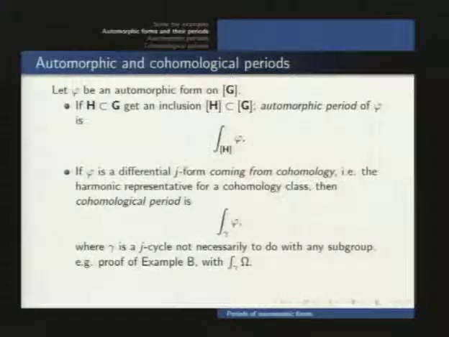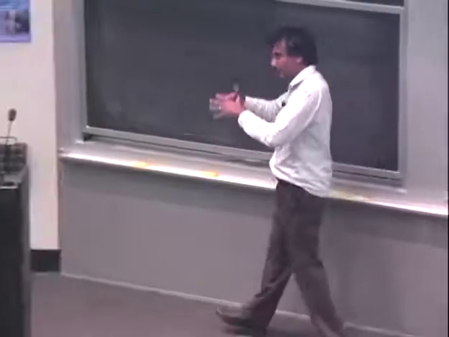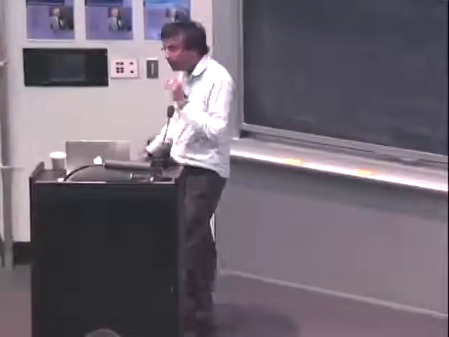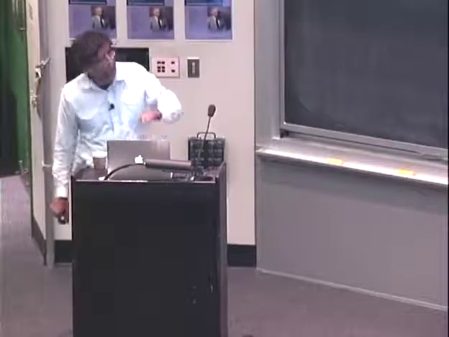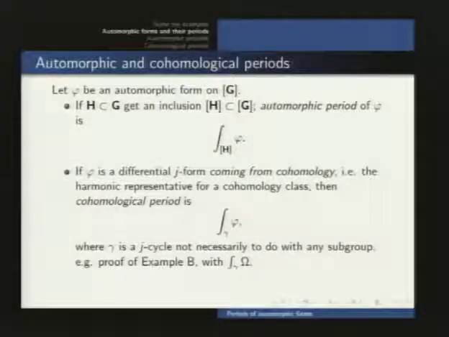But a cohomological period, I mean, I allow myself to integrate this over any cycle, so any j-dimensional thing with no boundary. And that's what happened in example B. Now, just to be clear, in example B, there was a path that goes from one point to another, but at least it's a cycle relative to the boundary. Okay, so I'm being a little bit sloppy.